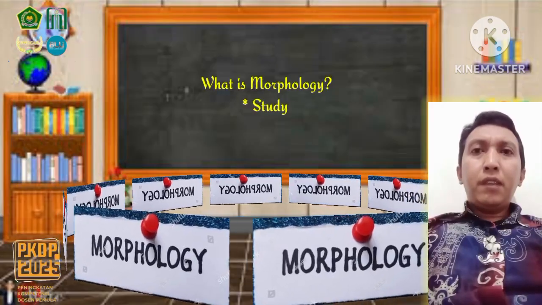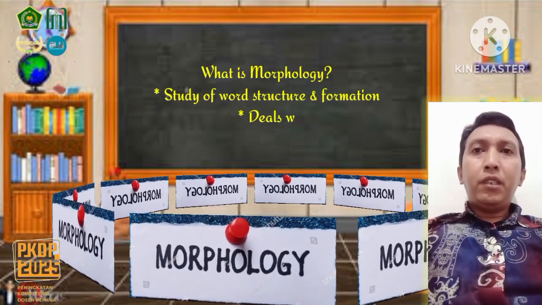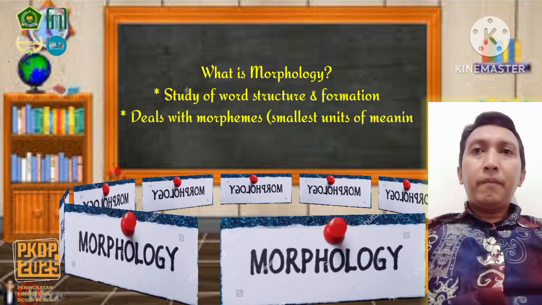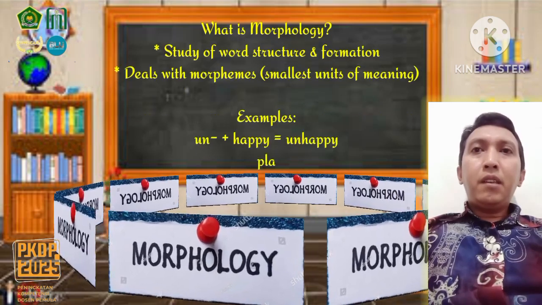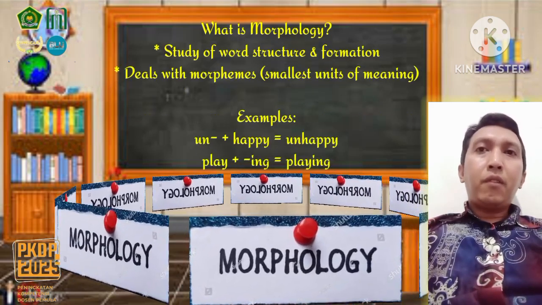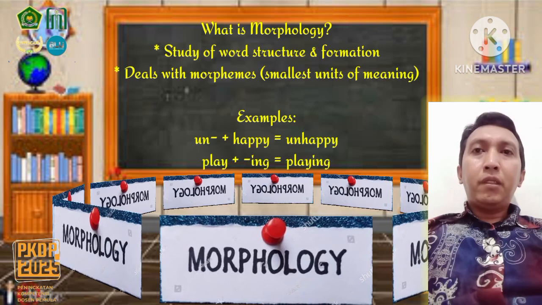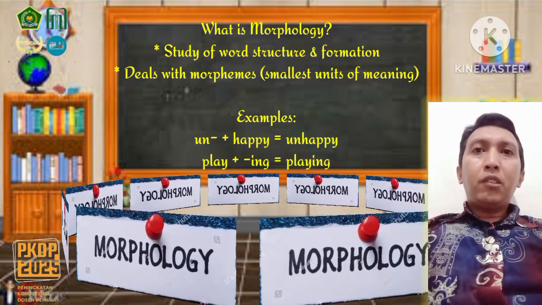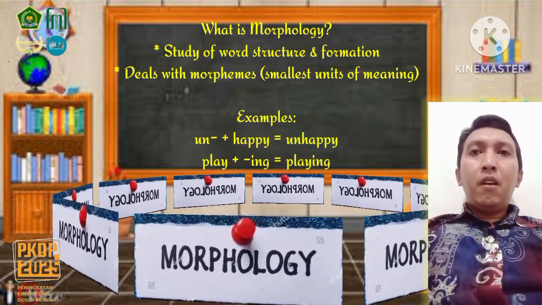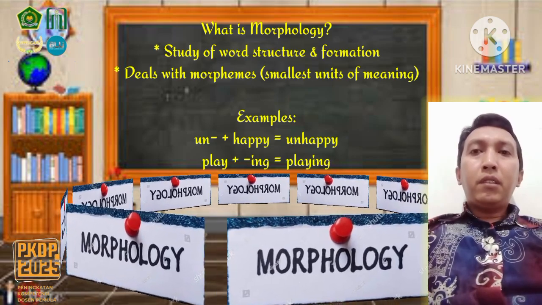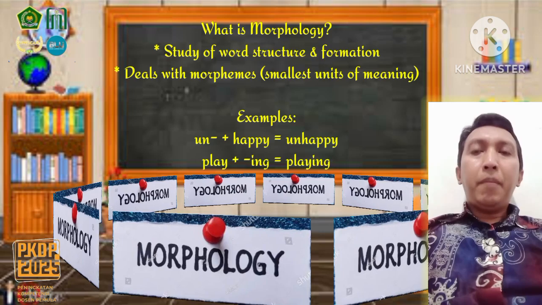The first one, let's discuss morphology. What is morphology? Morphology means the study of word structure and formation, as well as dealing with morphemes. Morphemes are the smallest units of meaning. Let's see the examples. The first, unhappy.